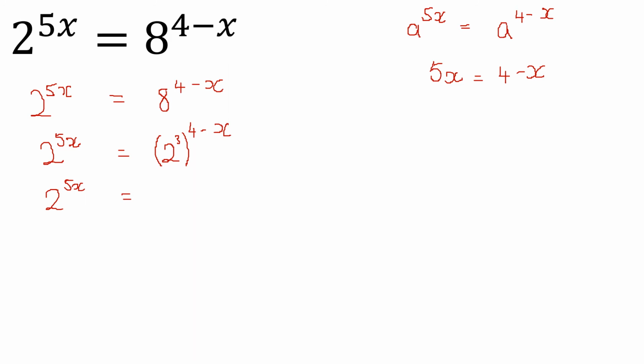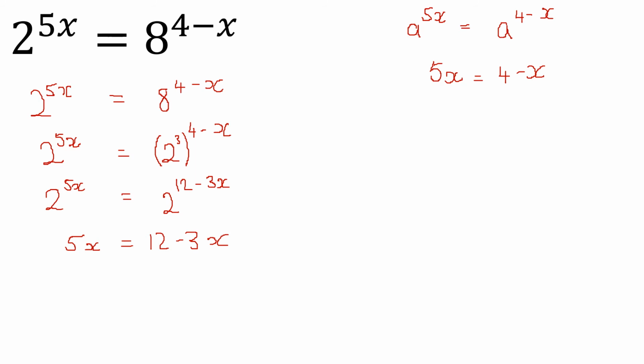We're multiplying the indices together, so with base 2, 3 times 4 is 12, 3 times minus x is minus 3x. Then this here is now in the form of this here, so we can take that extra step and say that the indices are equal to each other and we can find the value of x. So our next step here would be to write 5x is equal to 12 minus 3x.